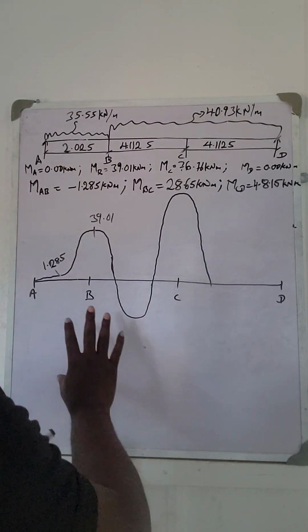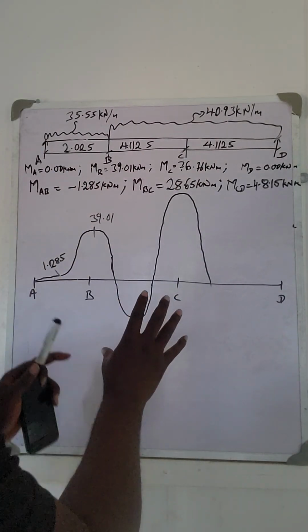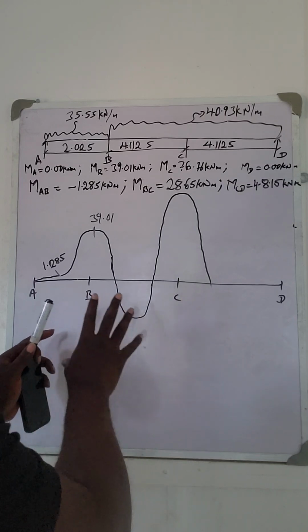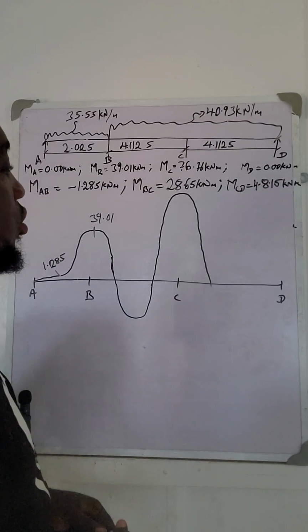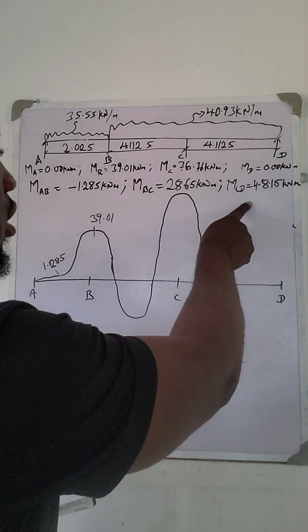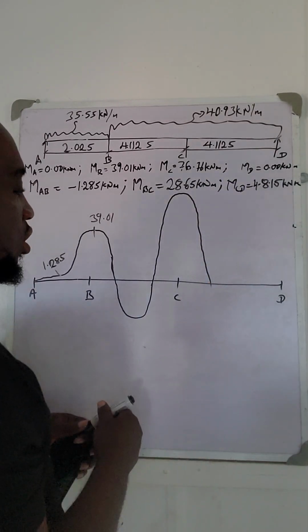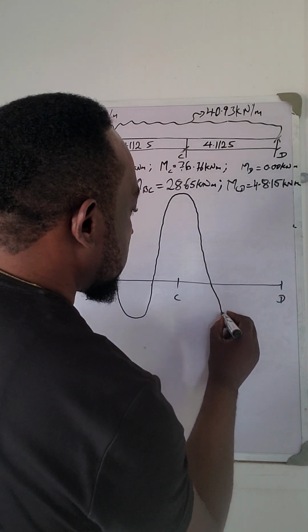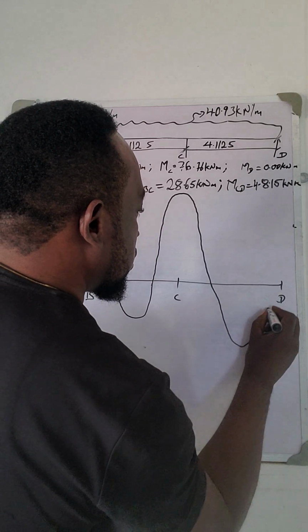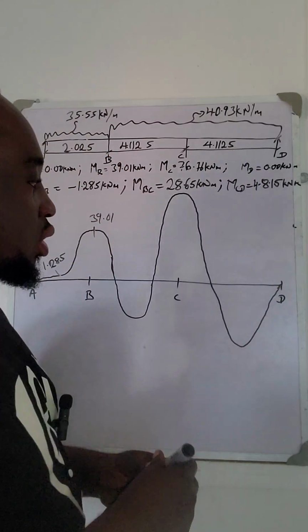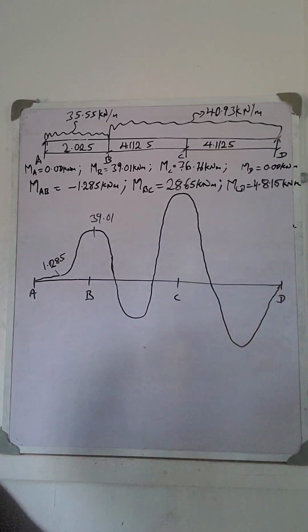Remember, this is just freehand sketching. If you want to draw your bending moment diagram, use a graph. Now we have points C and D. The span moment is 48.85. So it comes like this, goes to 0, because at support D the moment is equal to 0.